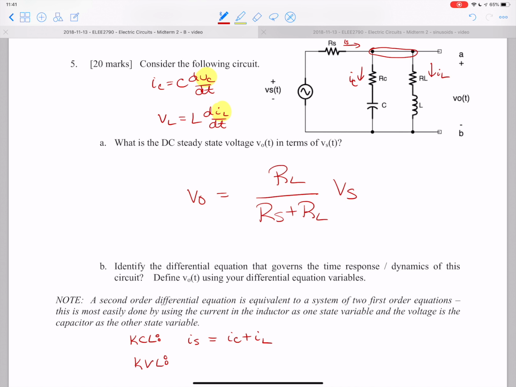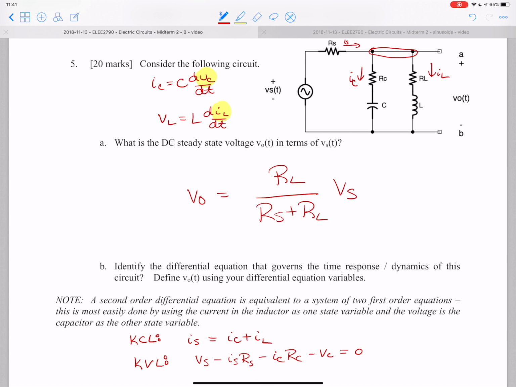Now, this is fairly straightforward to accomplish. Looking at your KVL equations, we've got two standard KVL equations that we can use. What we're going to do is look through each part of the loop, first working through the capacitor loop, then working through the inductor loop. If we work through the capacitor loop first, then we see that Vs minus ISR minus ICRC, sorry, this is the source resistor, minus Vc is equal to 0.